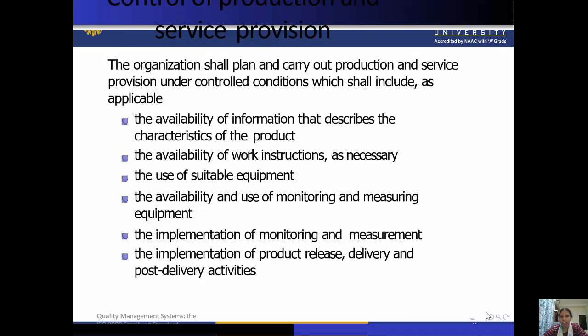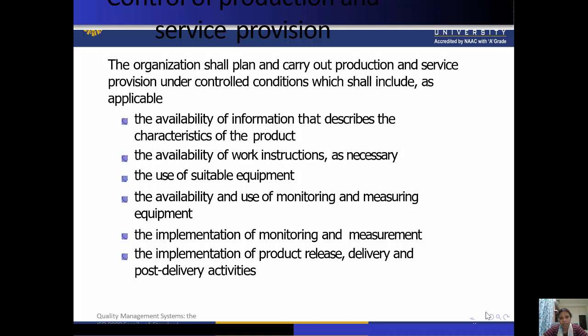Control of production and service provisions. So the organization shall plan and carry out the production and service provisions under controlled conditions, which shall include, as applicable, the availability of information that describes the characteristics of the product, the availability of work instructions as necessary, the use of suitable equipment, and the availability and use of monitoring and measuring equipment. The implementation of monitoring and measurement is an important part of control of production and service provisions.